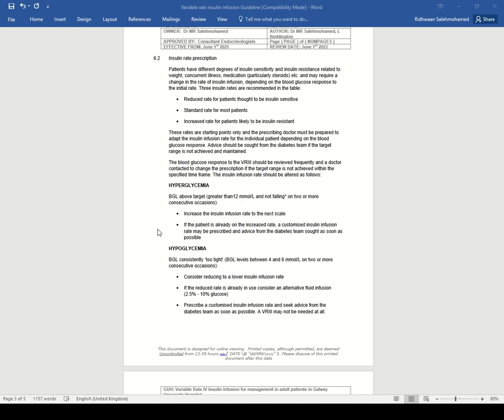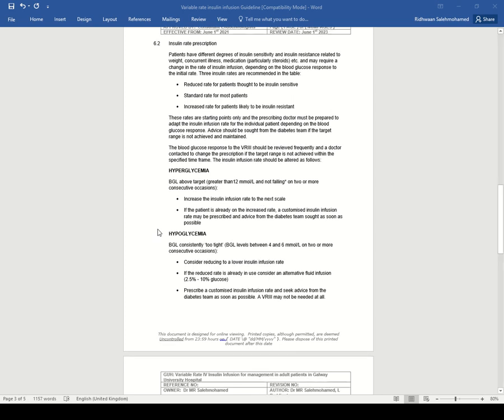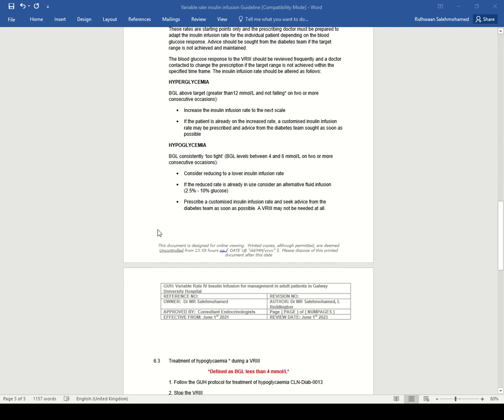This part covers what to do in case of hyperglycemia or hypoglycemia. Treatment can be customized as patients are different, and indication for use can be very specific.